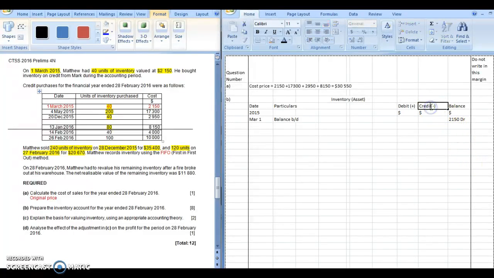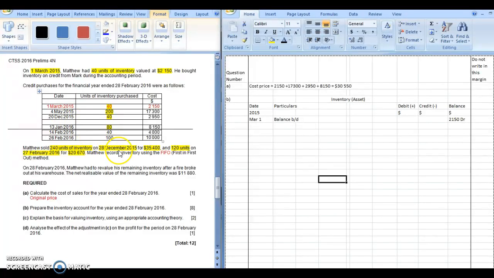Right, and the next thing is, when you're preparing the inventory account, you must include all this information into the ledger account. But you cannot do it any way you like. You have to prepare it in a chronological order, in date order, proper order. So after the 1st of March, we have 4th of May, and then we have the 20th of December, and then don't go straight to 13th Jan.